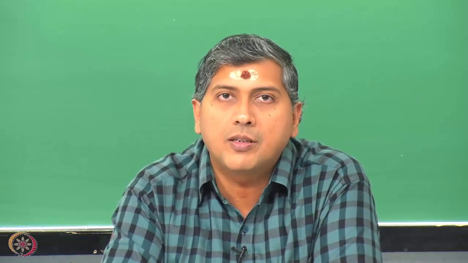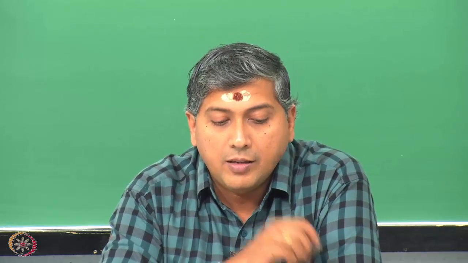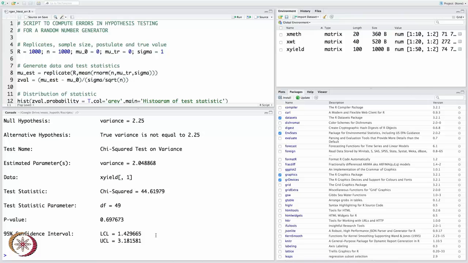This is a two-sided test. This is a 95% confidence interval because alpha is 0.05. What this means is the true variability is likely going to be in this region spanned by LCL and UCL values with a 95% confidence.